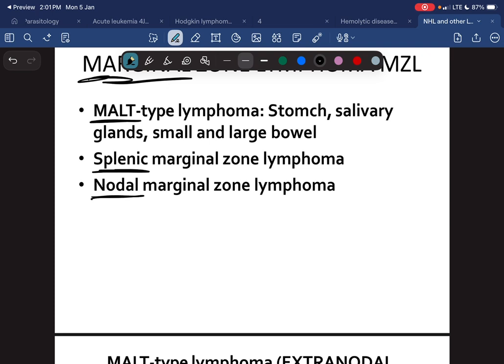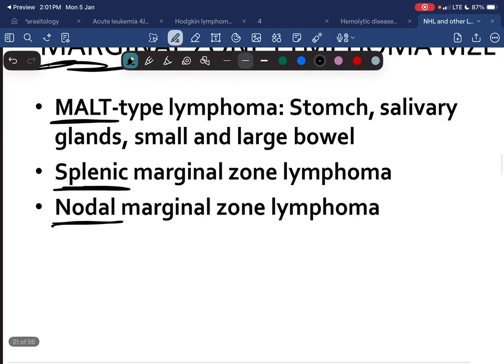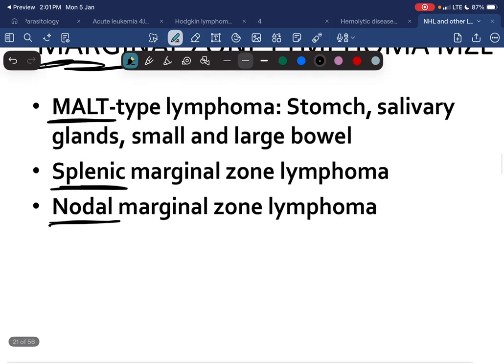Related to what, this maltoma? Related to chronic infection due to pathogens, chronic inflammation due to pathogens and infections, or autoimmune diseases.